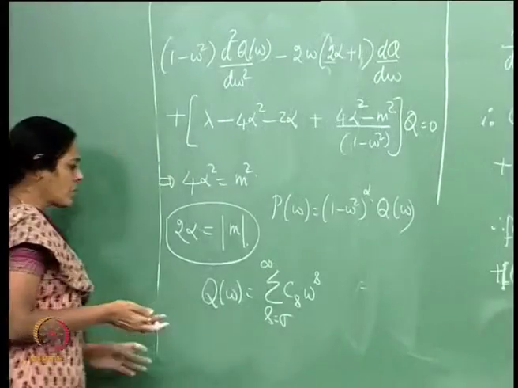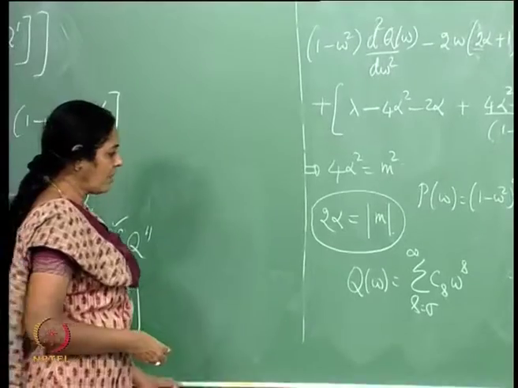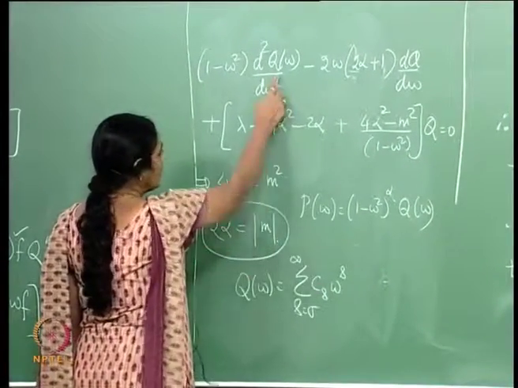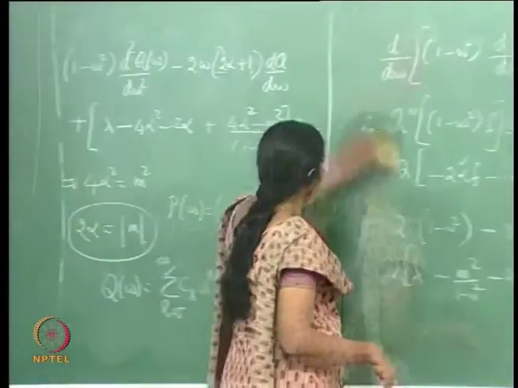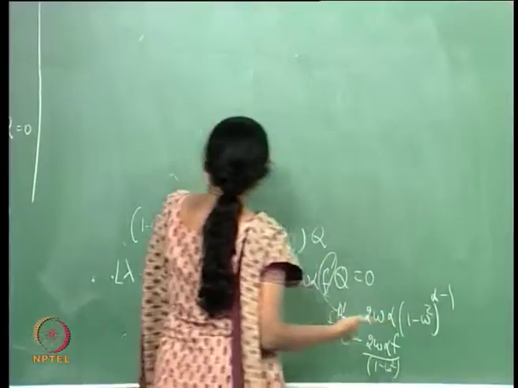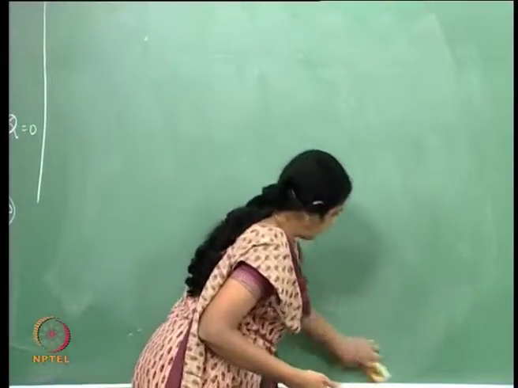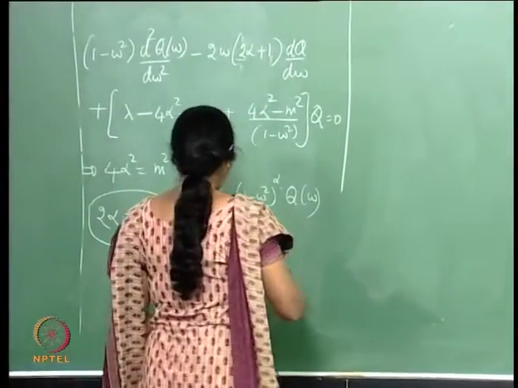To begin with, of course, I would imagine that this is an infinite sequence. I will substitute for q of w in this differential equation and see what it gives me. Same way that we did for the oscillator problem, except that we are doing it now for an angular wave function, but the procedure is the same.